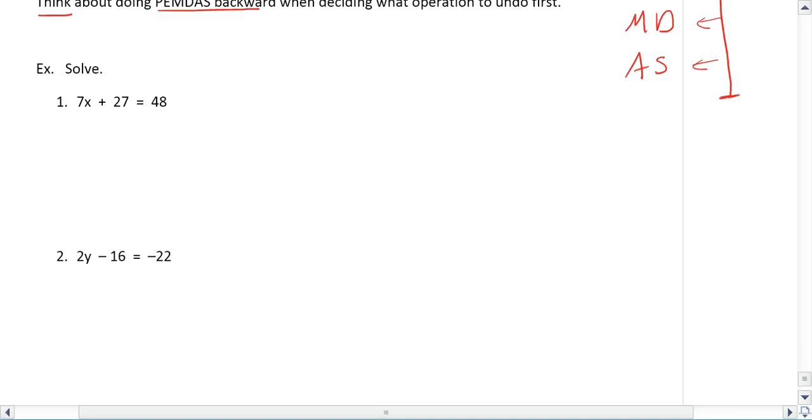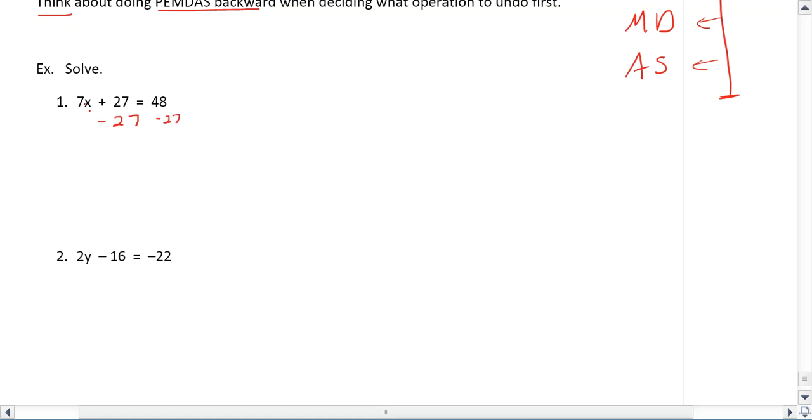In this first example, I'd like to go through the thought process. If you put your pencil on the letter x and ask yourself, what is being done to the letter x? Right now we are multiplying by 7 and adding 27. Like I said, we're doing PEMDAS backwards, so we're going to start by undoing this addition.